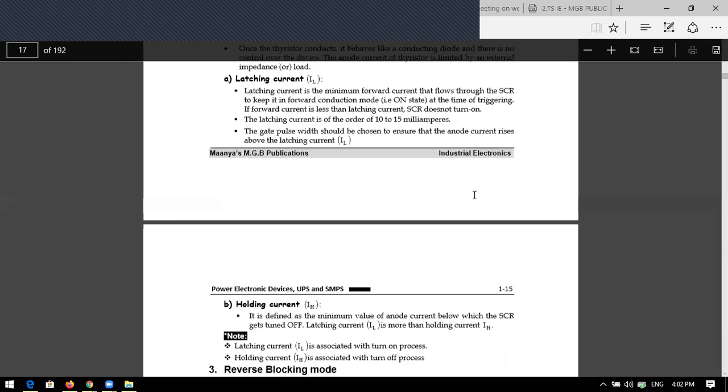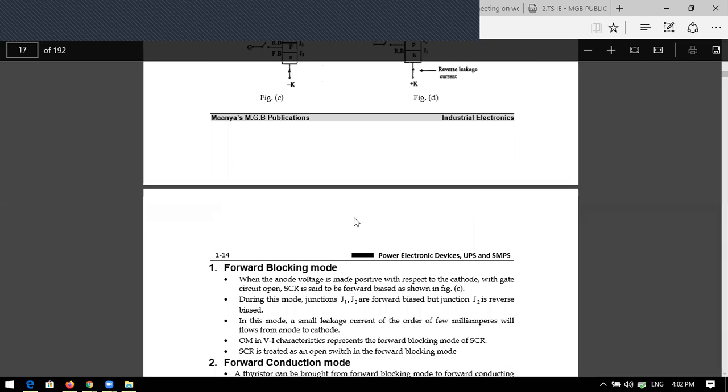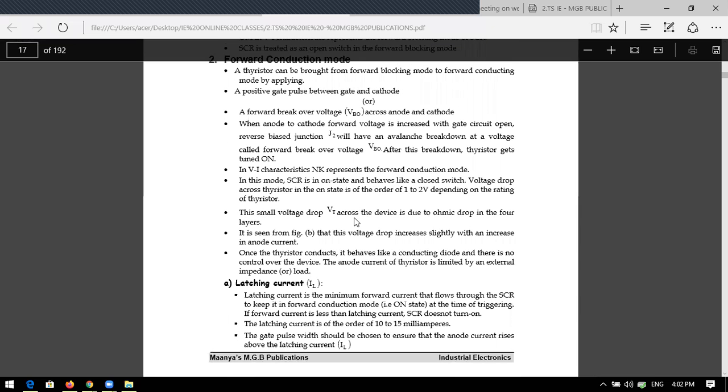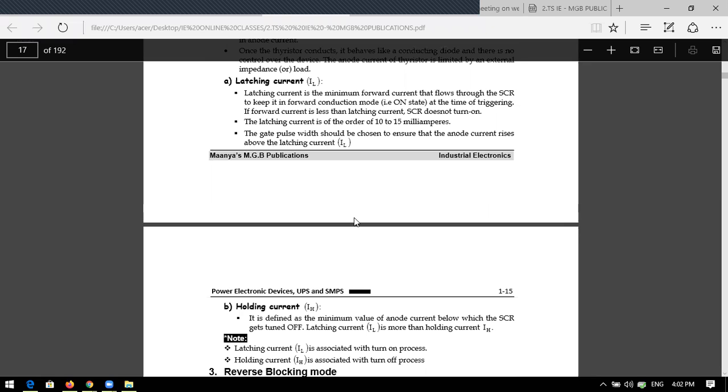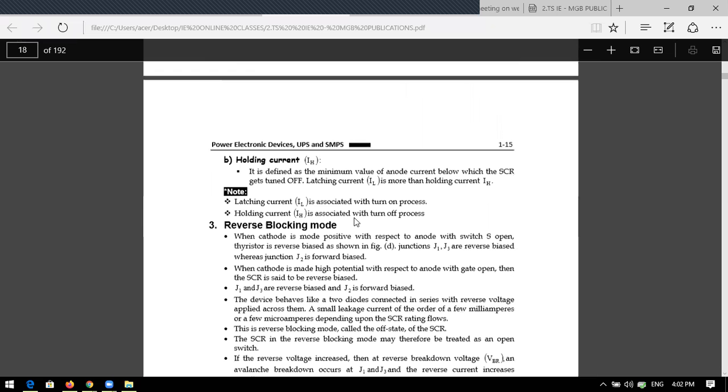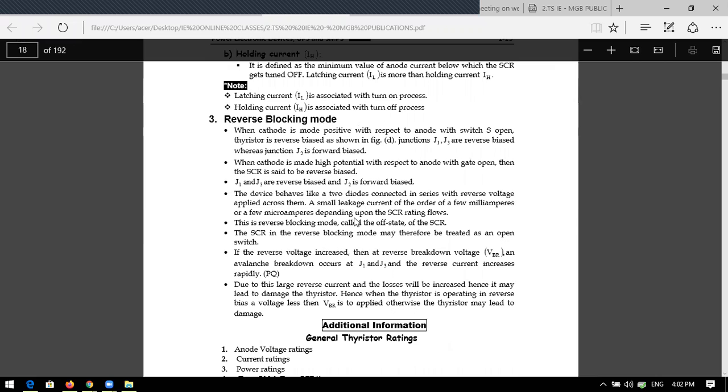In reverse bias, only one mode of operation we have to learn: the reverse blocking mode. The reverse breakdown mode also exists, but you should not learn it because the SCR will not operate in this region. In the reverse blocking mode, J1 and J3 are reverse biased and J2 is forward biased, so the overall effect is reverse biased.